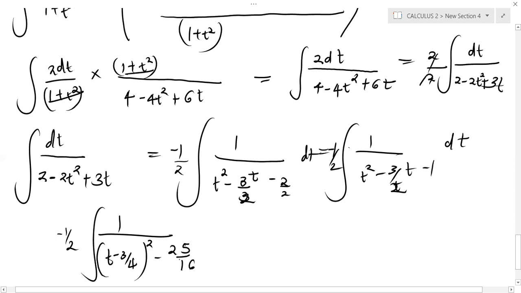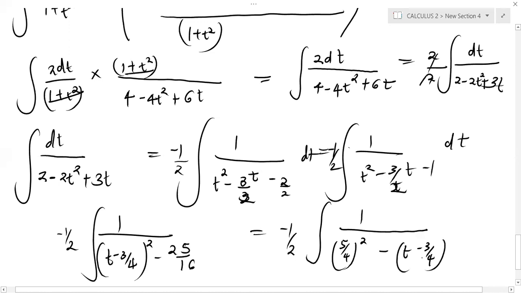This is basically the same as writing minus a half integral of 1 over, 25 over 16 is basically 5 over 4 squared, minus t minus 3 over 4 squared, dt.